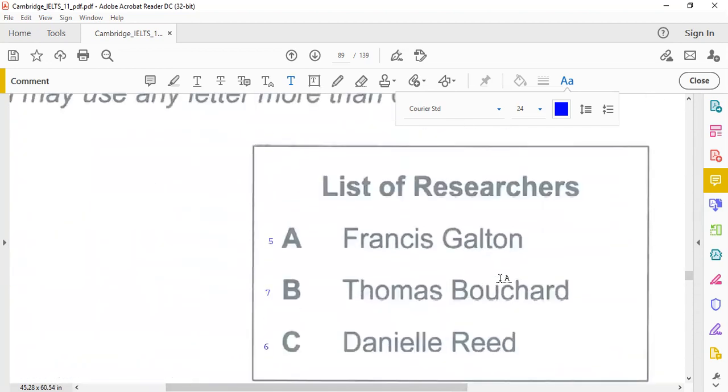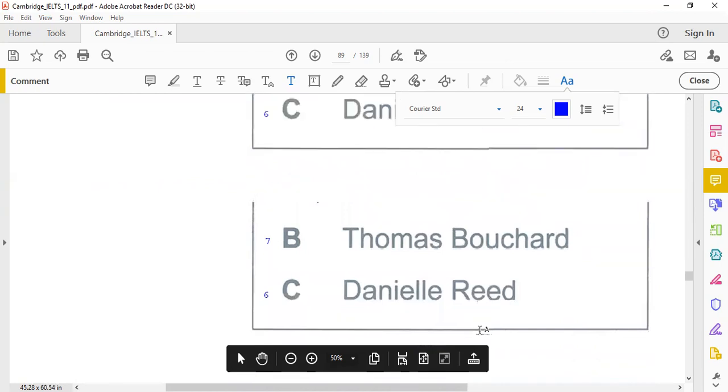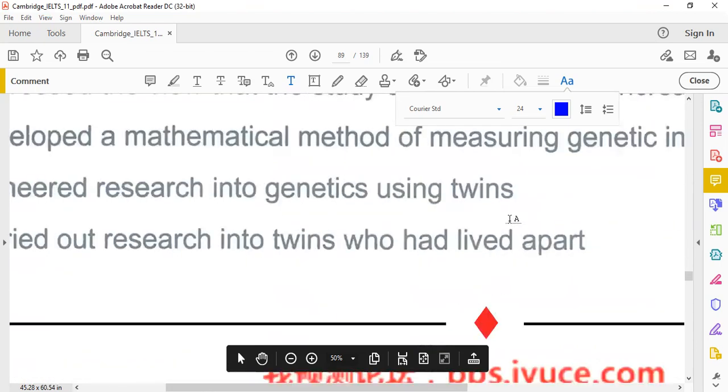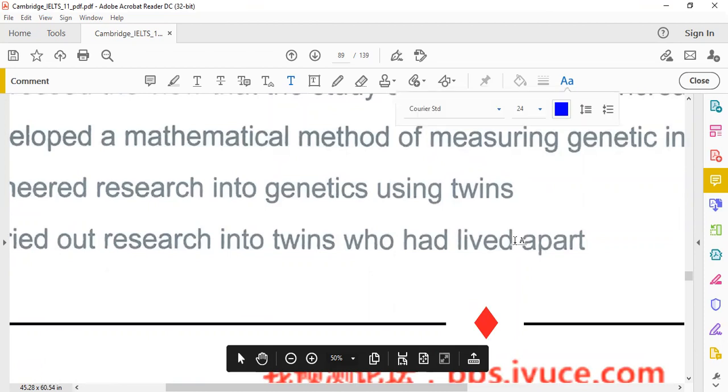It was Francis Galton. So Francis Galton is the right answer to question 8.